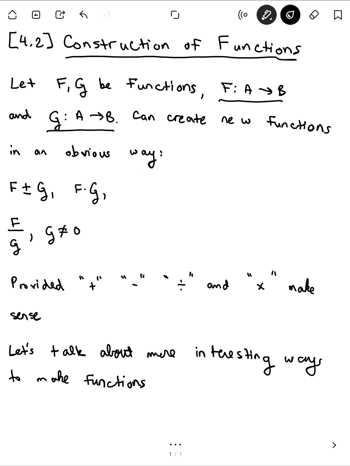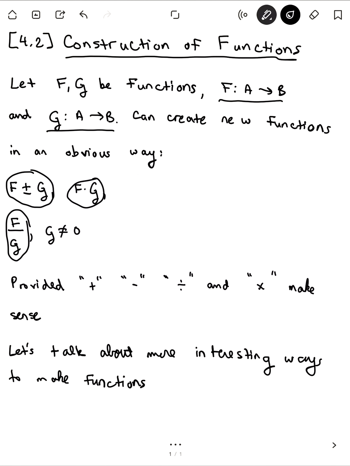Namely, you can add or subtract them, multiply them, and you can divide them, provided it makes sense to divide them. In particular, I mean provided that the denominator does not vanish. Because if the denominator vanishes, then the universe is in trouble.